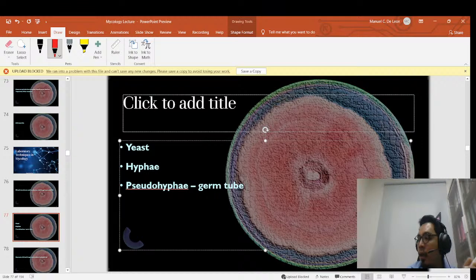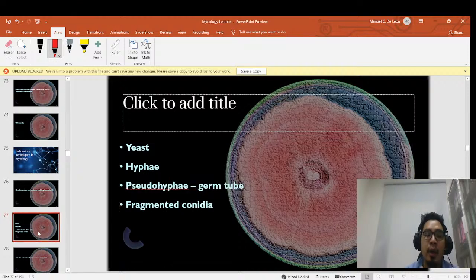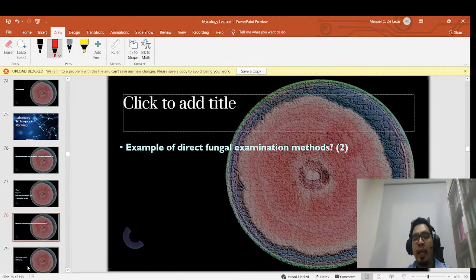We have your arthroconidia or fragments of a. Actually, I didn't add conidia here. Let's write conidia or fragmented conidia. Okay, so try to challenge yourself, guys. Next time you are reviewing for a review class, try to look back on some of these handouts because this has been helpful to some of my friends.